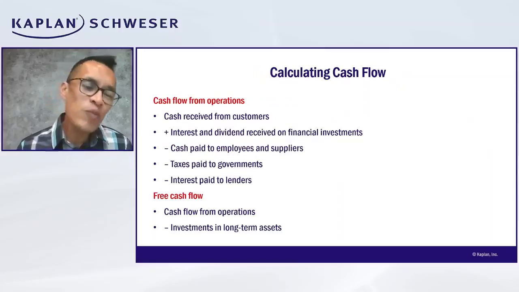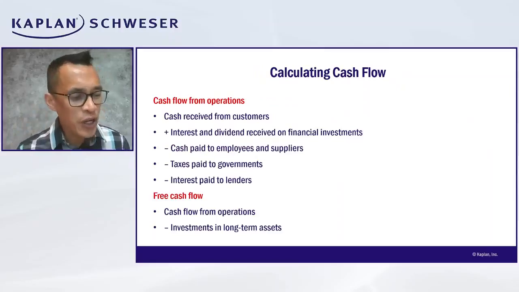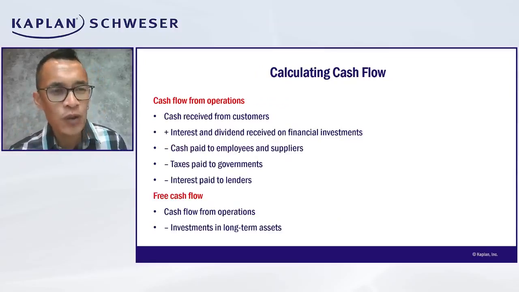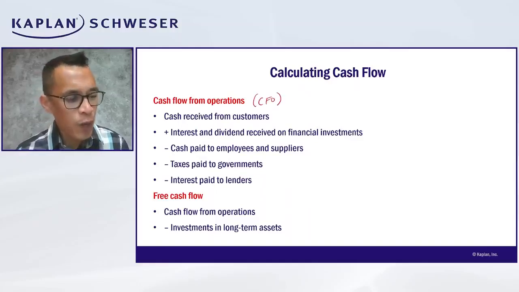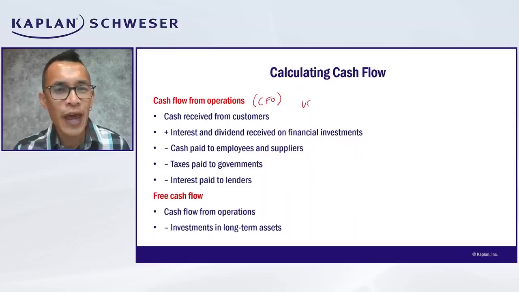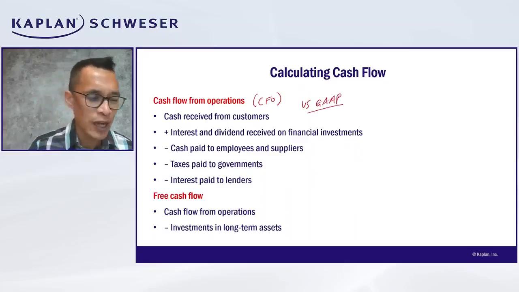Now, as a starting point, looking at this equation, it's important to note the CFAI definition of cash flow from operations, CFO, as we often abbreviate, appears to be US GAAP and not IFRS. Okay, just as a FYI.